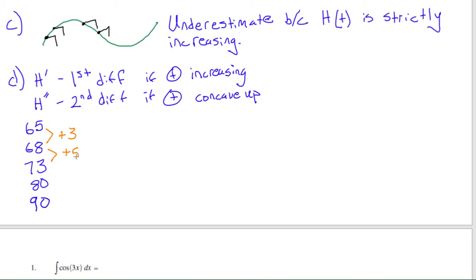You're adding 5. You're adding 7. And finally adding 10. That was first differences. You can clearly see the first differences are all positive. Now look at the second differences. To get from positive 3 to positive 5, you have to add 2, you need to add 2, you need to add 3. Again, second differences are all positive.